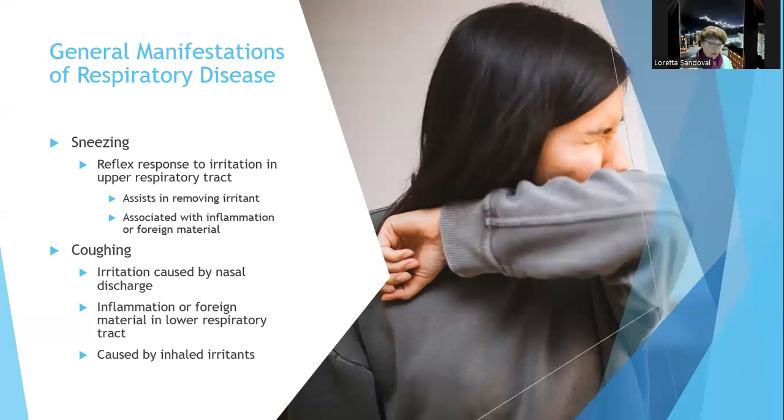So a lot of times it's important when someone's in the hospital to increase their fluid intake. That's one of the basic things that your mom or somebody tells you when you're sick: drink a lot of fluids. And the reason we want to do that is because we want to keep our secretions thin and easy to remove.